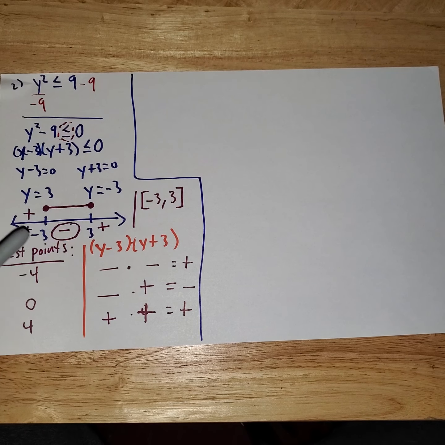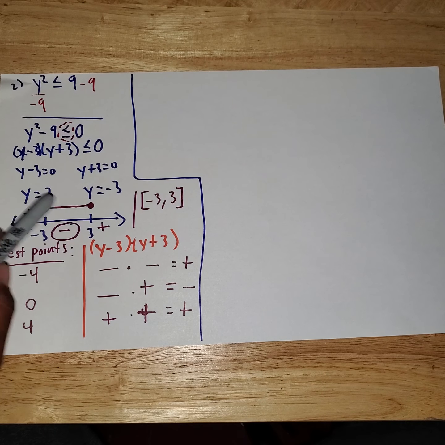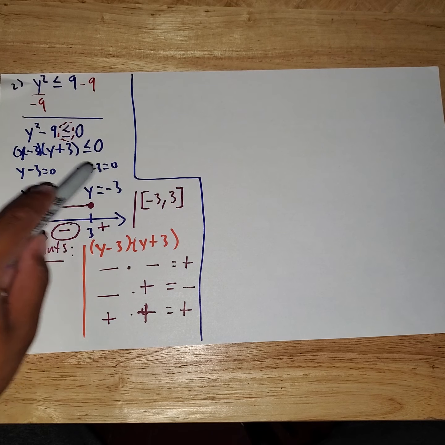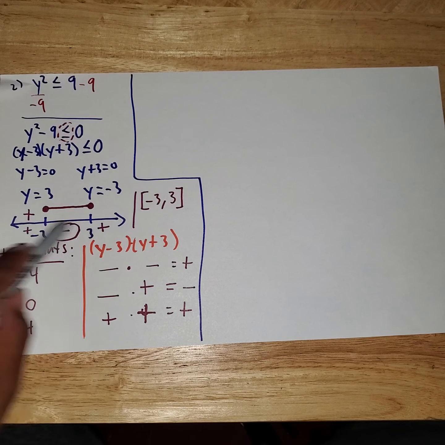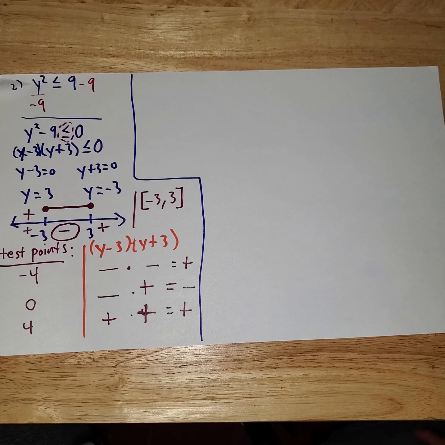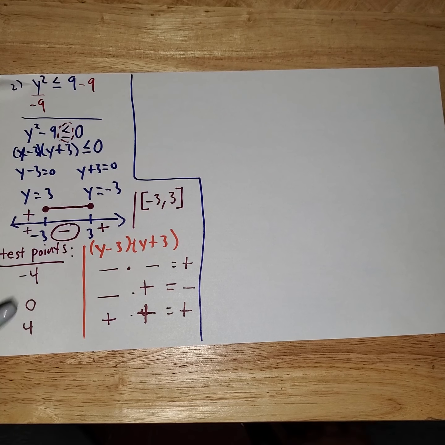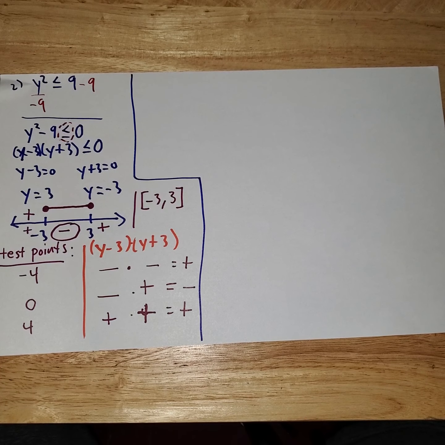So determine how many of these zeros you got. You're going to put those on your graph, how many numbers you have to reference, and then decide if it says equal to. If it doesn't have equal to, that means we're going to have open circles. If it said equal to, we'll have closed circles.